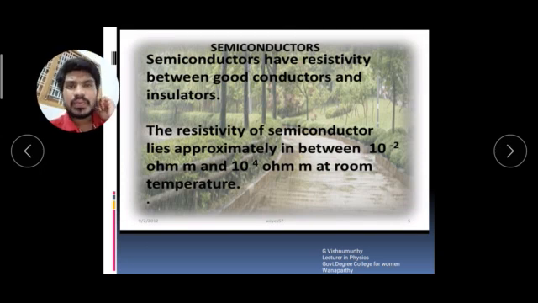And now we will go to semiconductors. Before the semiconductors, I introduce some definitions. We know what is meant by current.